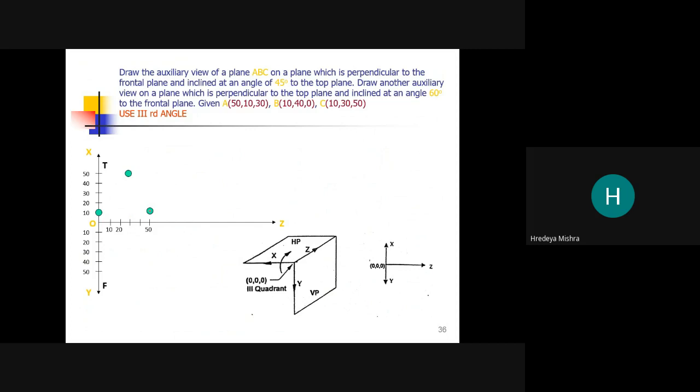This point 10, 50 is our A, and 10, 40, and 10, 30. So this is our 10, 30. This is our C point. This is our B point.